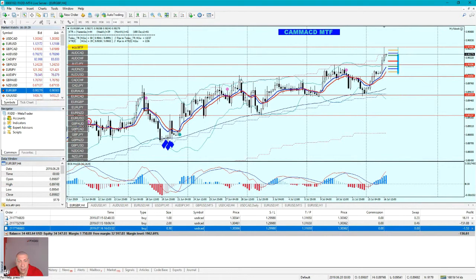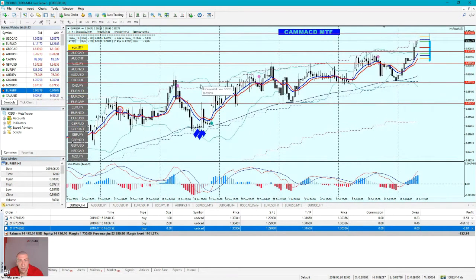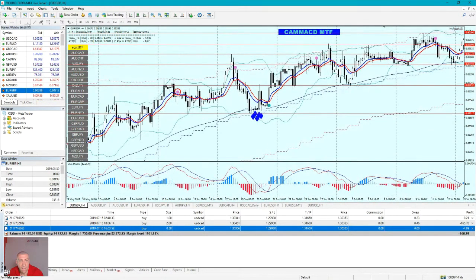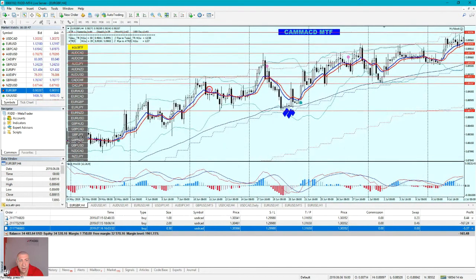Fourth quadrant. High. Nice. Low. Fifth, high. Low. Sixth, high. Low. Whoa, this is very nice. Seventh, low. So these are quadrants.